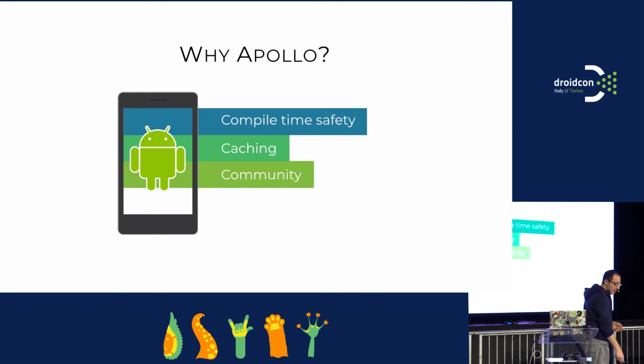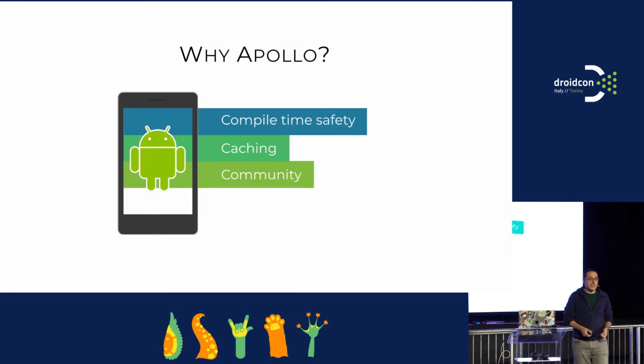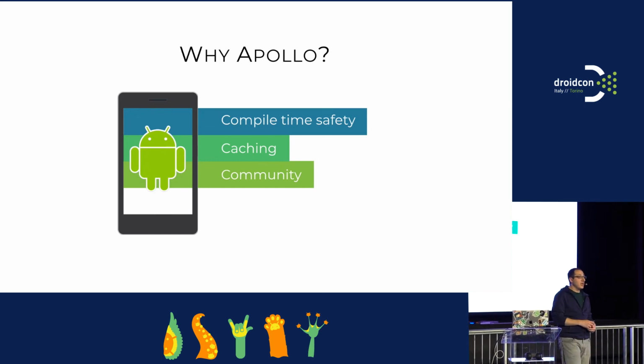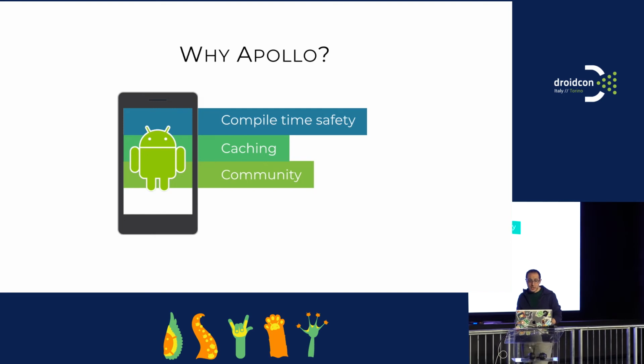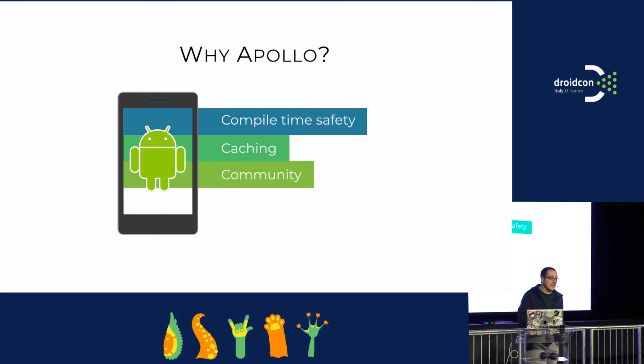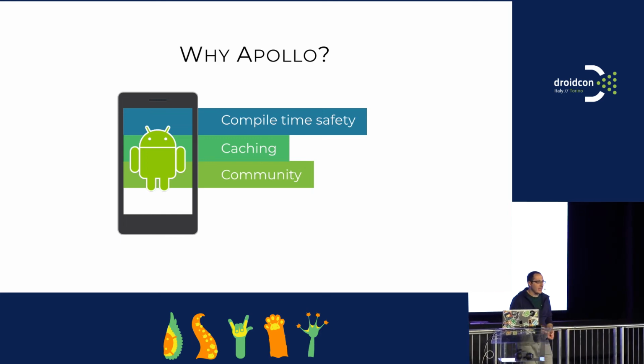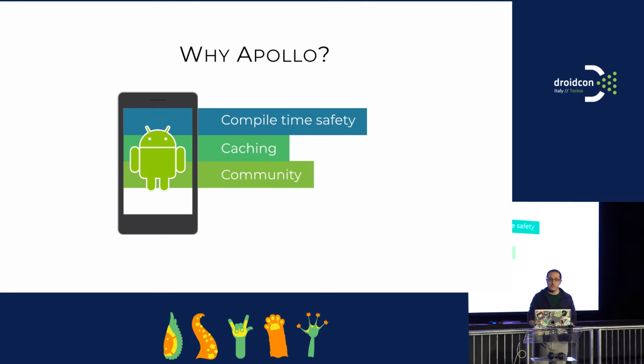Of course, Apollo is open source, and it has a huge community behind it that is working quite a lot on this framework. Apollo is not only available on Android, but also on iOS, on web, and I guess for backend. Yes, there is a backend for Apollo, definitely.